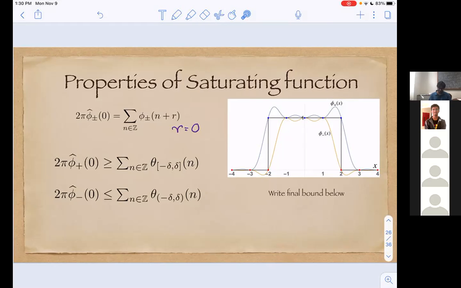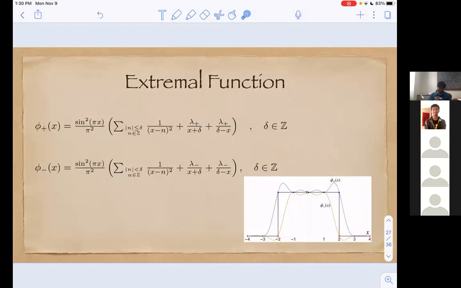And then it turns out that we can write down an extremal function of that kind by a nice trick which was figured out by Beurling-Selberg. So the phi plus looks like this function, which has all the nice properties of being 1 inside the interval at integer points, and outside the interval at integer points this is 0.